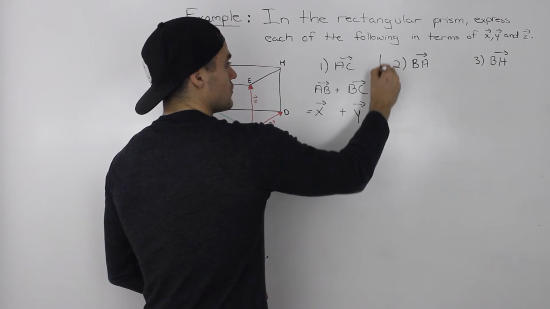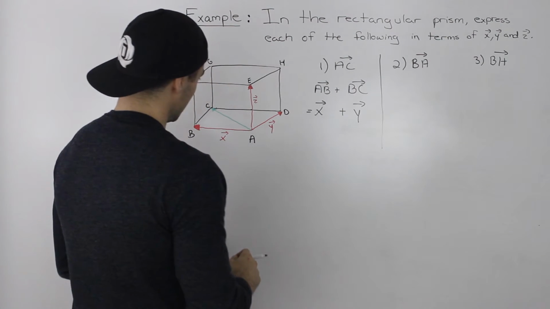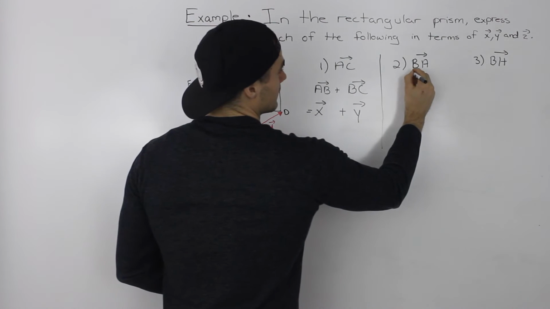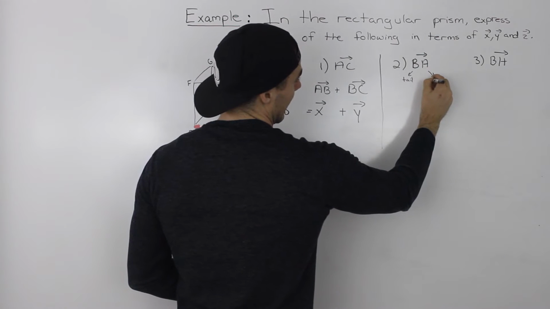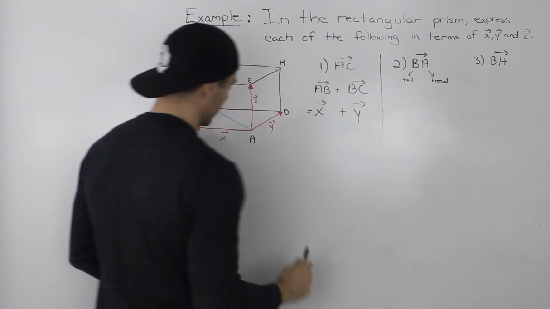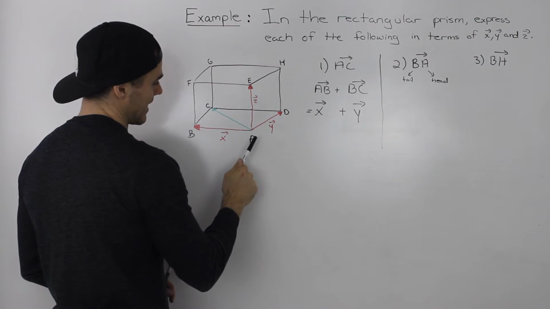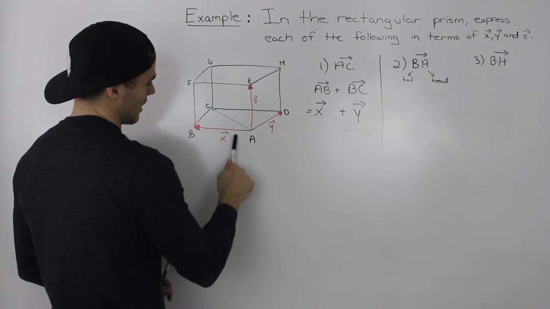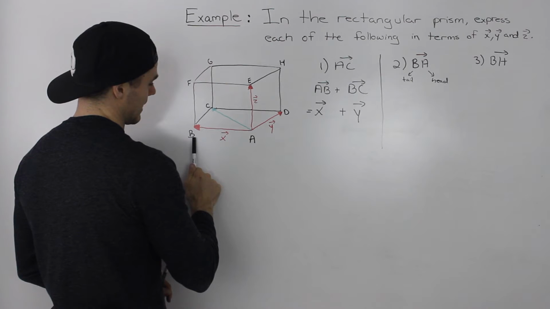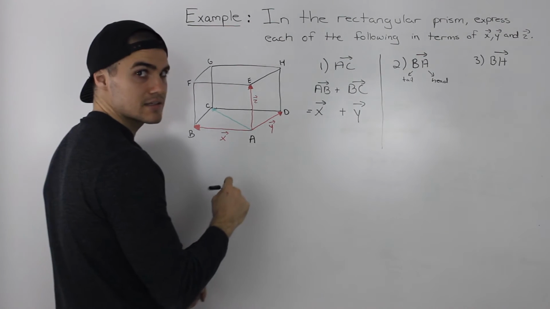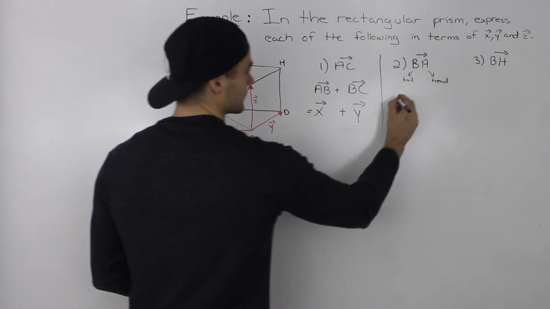Now let's move on to the next vector, this vector BA. Now BA, if you remember, the tail would start at point B and the head would be at point A. So the tail would start here and the head would end at A. And notice how vector x, the tail of vector x starts at A and the head of it ends at B. So it's the same magnitude, but it's going in the opposite direction.